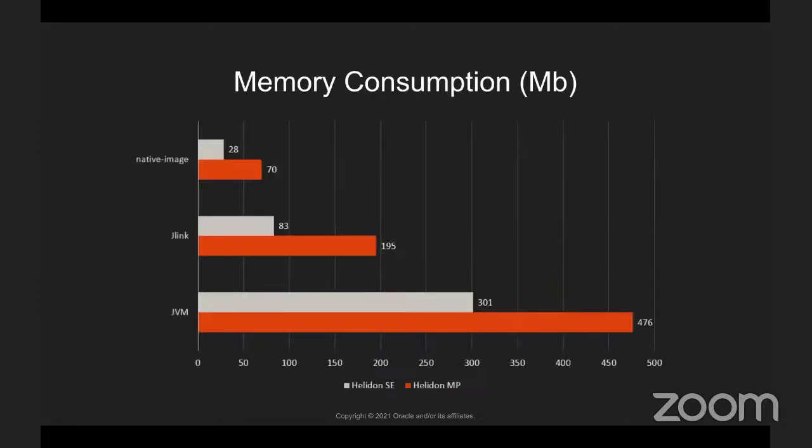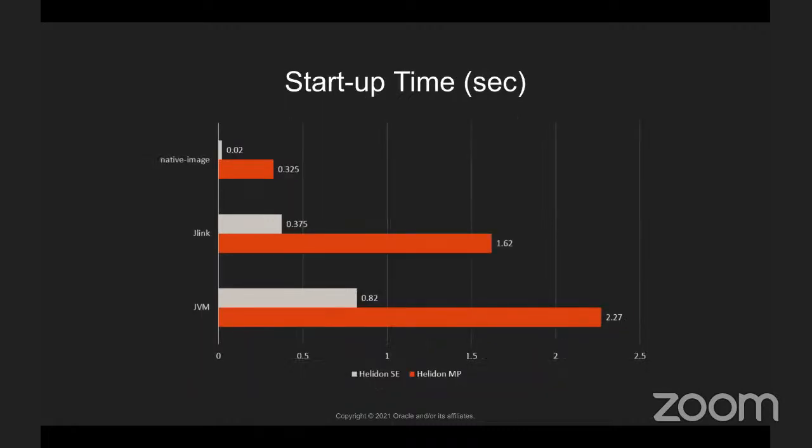At the end, the native image is only 28 megabytes for SE. J-Link can go down to 83 megabytes, which is pure Java, but an optimized JRE. And of course, the JVM one can go more because you have the JVM there. So startup times are fractions of a second.